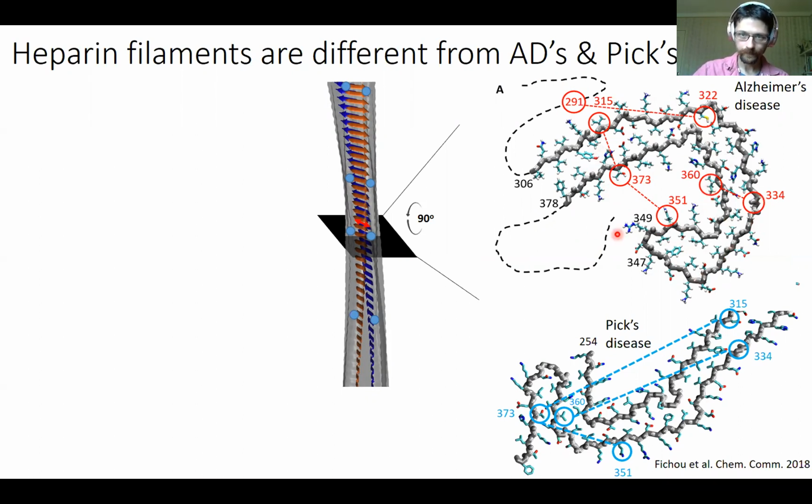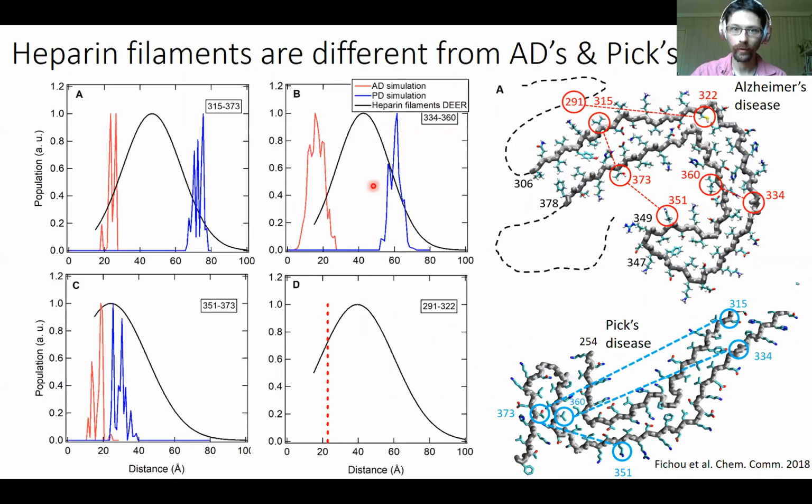What we did here is we measure those different distances for the heparin fibrils, so for our model, and you see what we measure in black here using a pretty simple Gaussian model. And in red and blue is the distance that we computed using the MTSL rotamers based on those conformations that are from the brain.